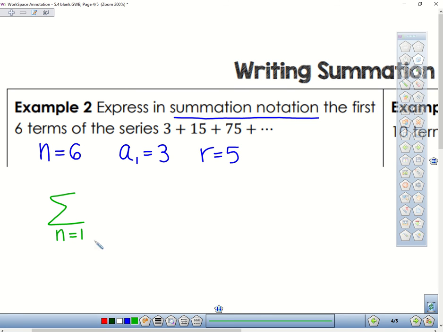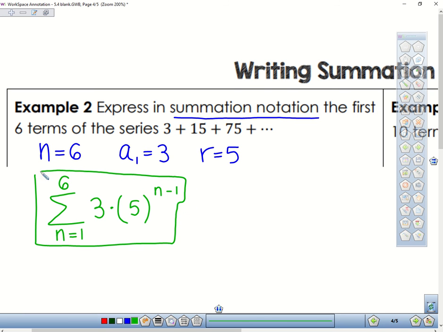It makes your life easier. We're going to 6 because we're calculating the sum of all 6 terms. And then it's going to be your first term times your common ratio to the n minus 1 power. And that is your final answer on that. So that's how you do it. So do we have any questions about how to do example 2 before we move on?